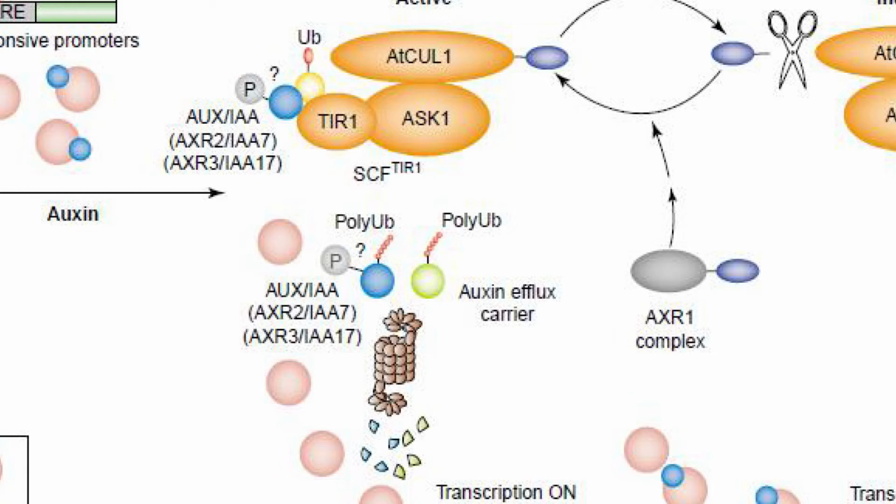It is likely that RUB1 cycling might be important for SCF TIR1 complex functions in mediating auxin signal transduction.